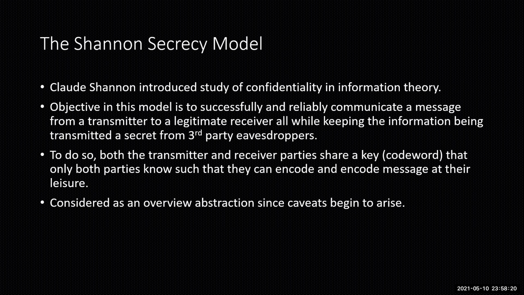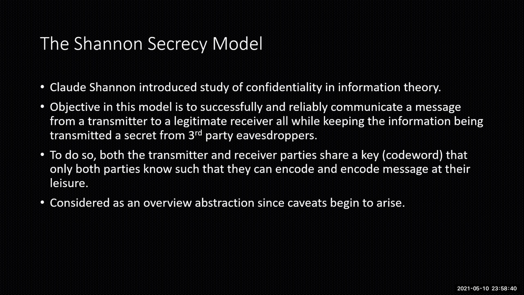So to dive right into it, I want to introduce the Shannon secrecy model. It was first derived by Claude Shannon, and he introduced it from the standpoint of the study of confidentiality in information theory.